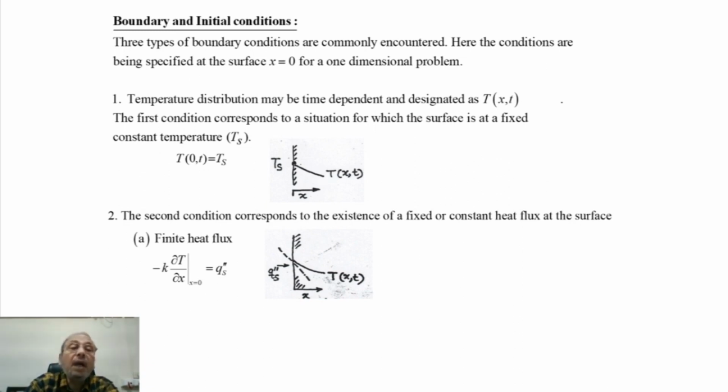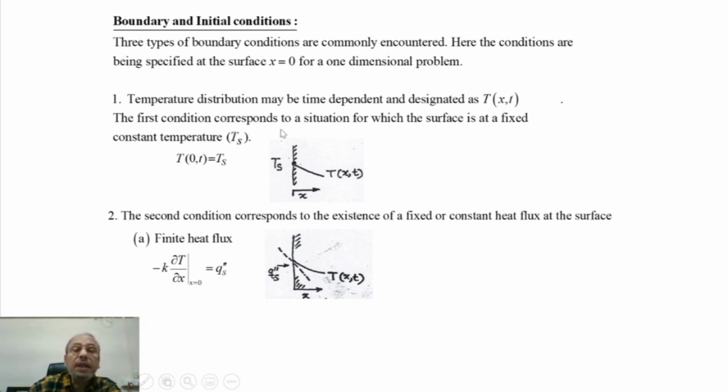Here the conditions are being specified at the surface x equal to 0 for a one-dimensional problem. Number one, temperature distribution may be time dependent and designated as T(x,t). So this is temperature as a function of x and time, space and time.